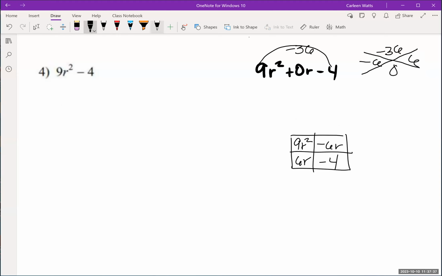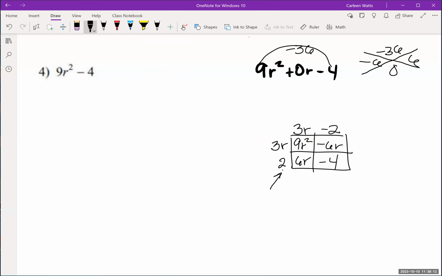Okay, GCF of the top row. 3R. Yeah, 3R times 3R is 3R squared. 3R times -2 is -6R. 3R times +2 is +6R. 2 times -2 is -4.